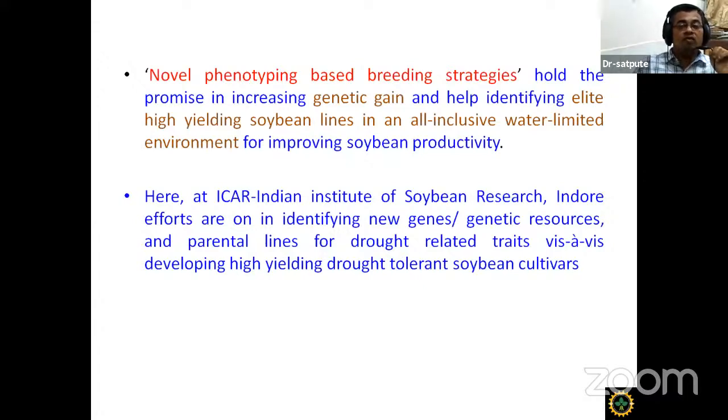So novel phenotyping based breeding strategies hold the promise of increasing genetic gain and will help identify elite high-yield soybean lines in a water-limited environment for improving soybean productivity. Here at the Indian Institute of Soybean Research Indore, efforts are on in identifying new genes, genetic resources and parental lines for drought-related traits, developing highly drought-tolerant soybean varieties and cultivars.